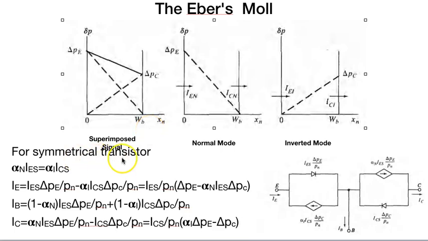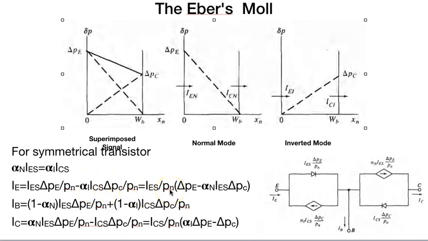Looking at the symmetrical transistor, we can say that alpha N IES is equal to alpha I ICS. N is for normal, I is for inverted. The emitter current is equal to IES del PE by Pn minus alpha I ICS del PC minus Pn.